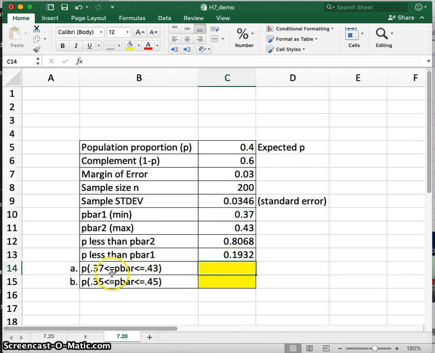Same thing. I want to know the probability that the sample p-bar would be between 0.37 and 0.43 if the population p is actually 0.4. It would just equal the one minus the other.